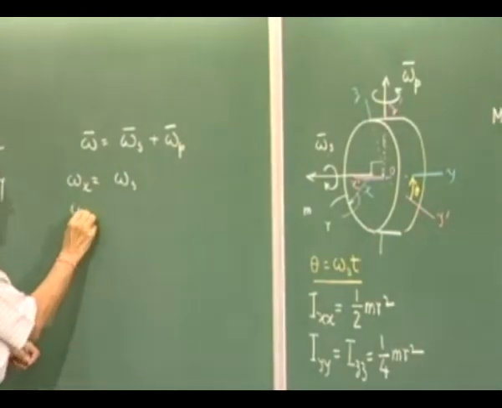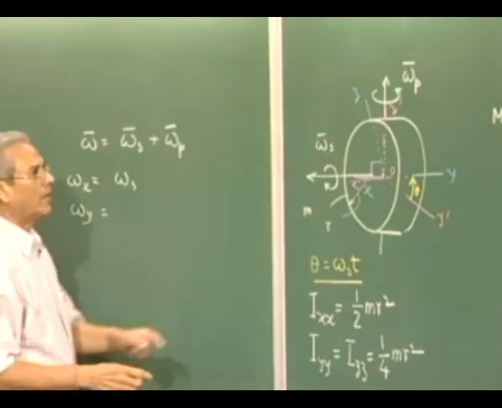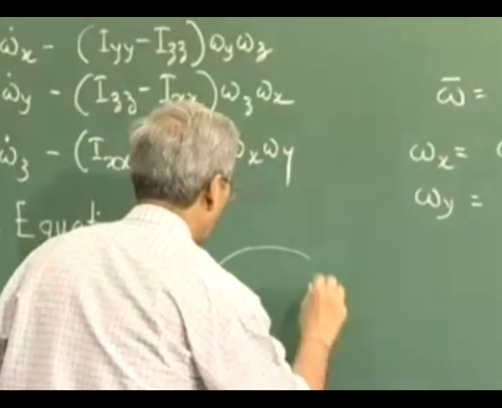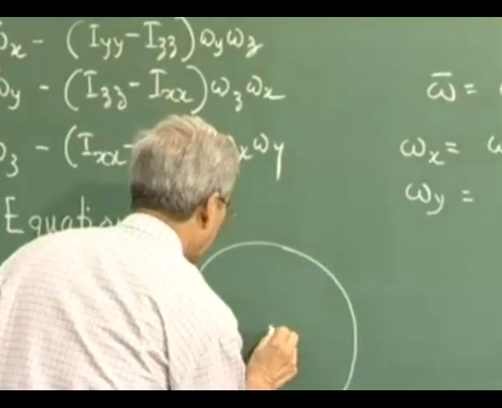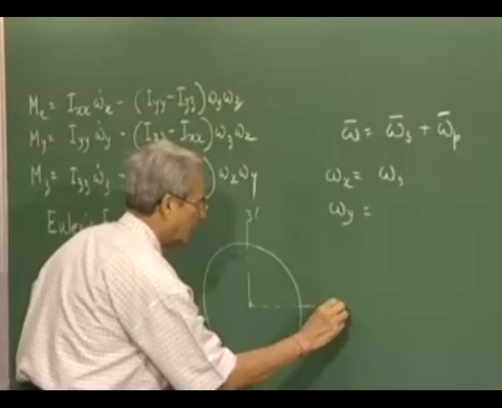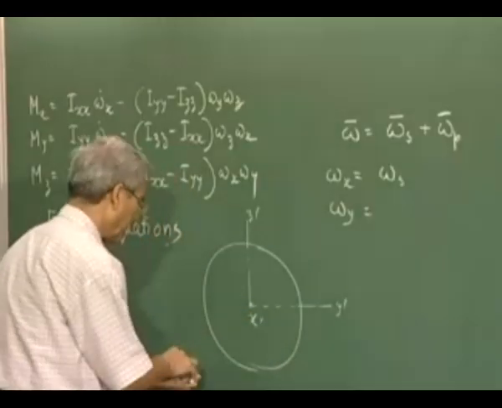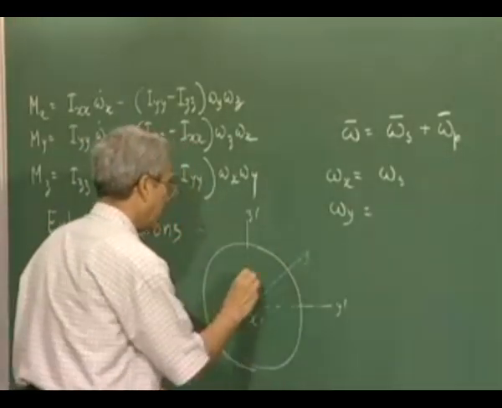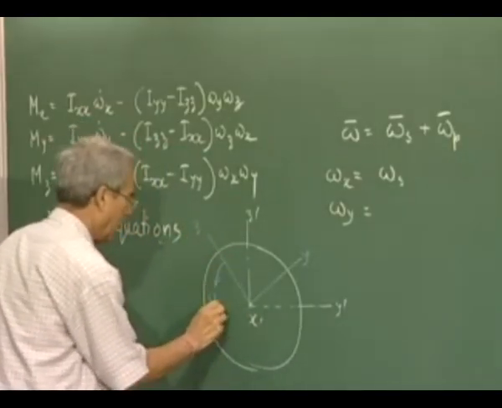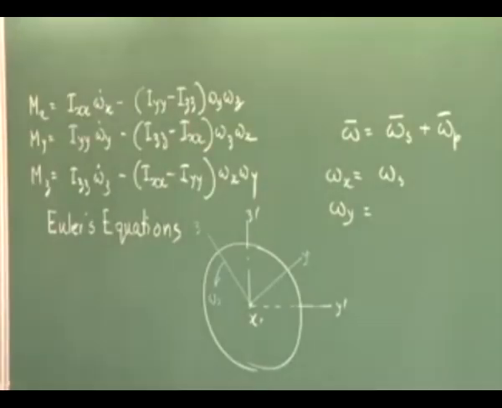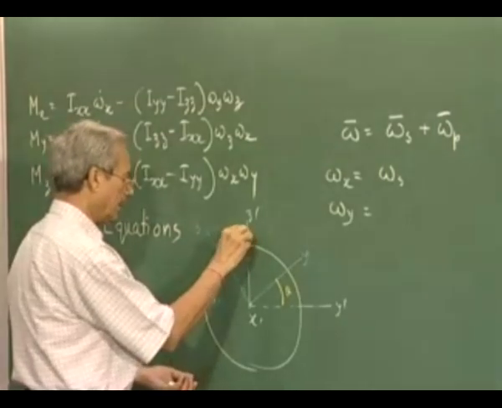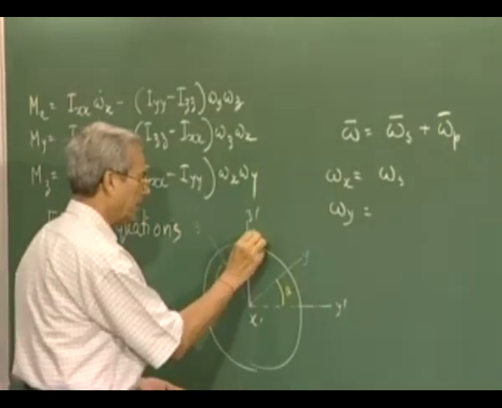Omega y. Now if you see the frontal view of the disk, where this is the x-axis, this is the z prime, this is the y prime, this is the x prime, and y and z are the axes rigidly connected to the body. This is theta. We know here that omega p is in this direction.